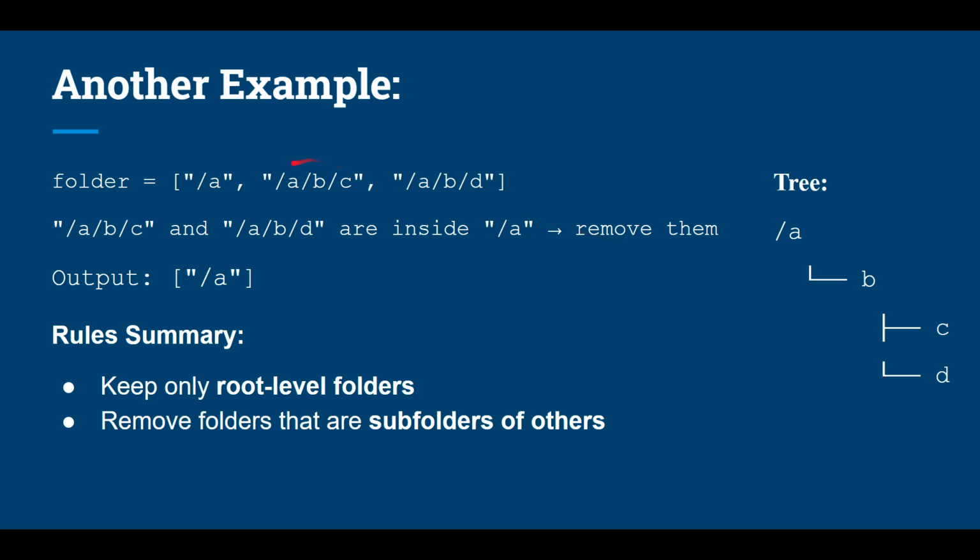It means we will remove these two subfolders and only keep the top level folder, and that will be our answer. What is our rule summary? We'll keep only the root level folders and remove the folders that are subfolders of others. I hope you understand, right?